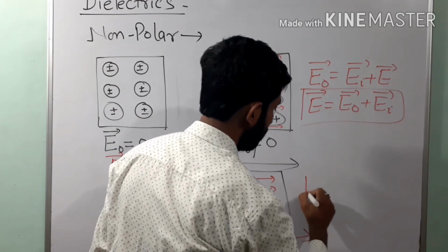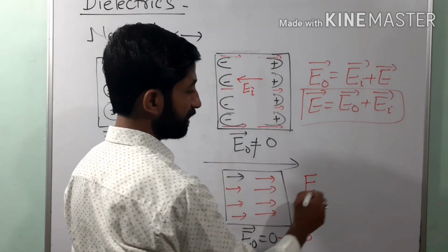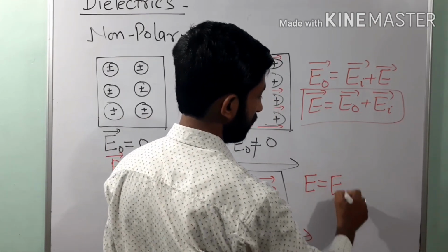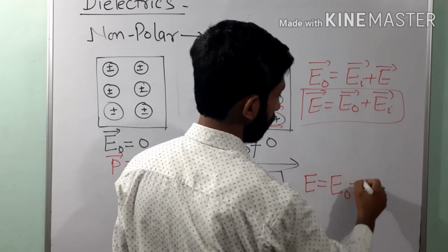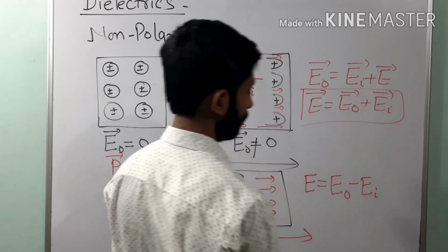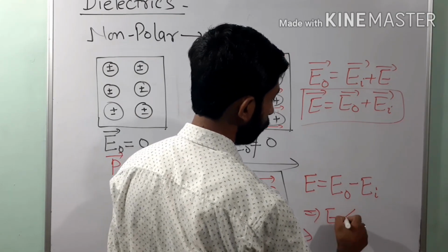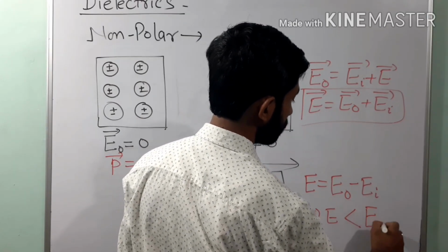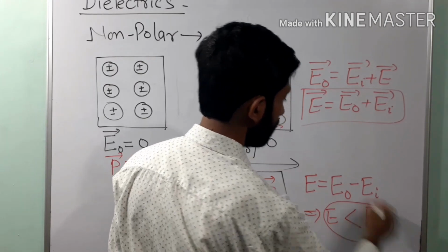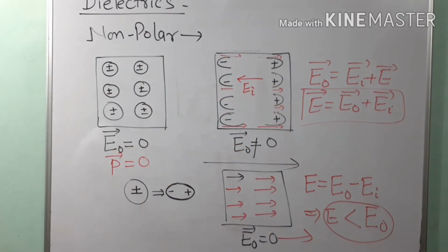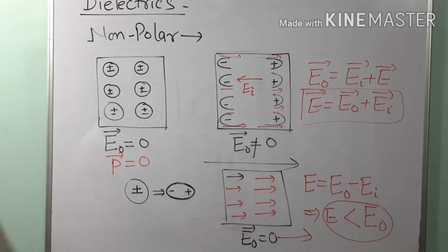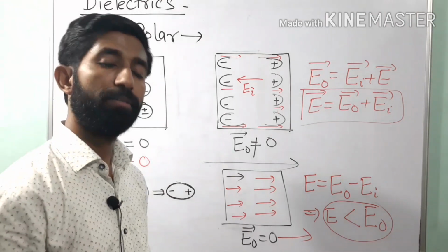So in magnitude, the net electric field is E outer minus E induced. That is, the net electric field will be less than the field applied externally. That's it. So this is how the non-polar molecules behave in the presence of an external electric field.